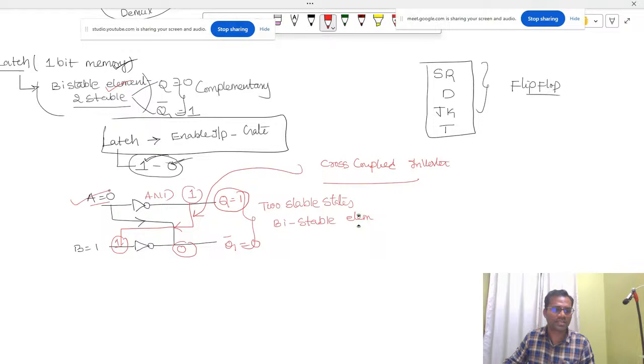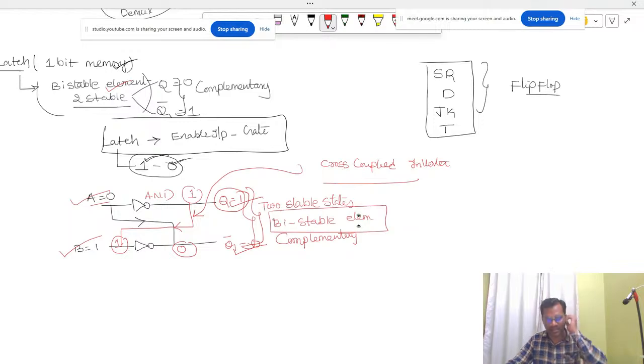There are two inputs and two outputs, and the two outputs should be complementary in nature. If one is 1, automatically the other should be 0. Then you get two stable states. Therefore, a latch is called a bistable element. This is the basic behavior of a latch.